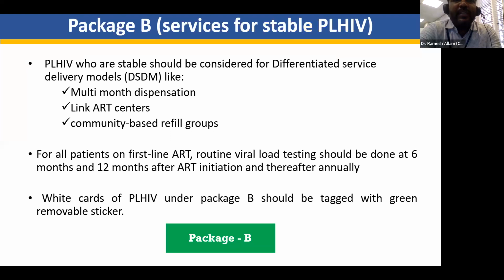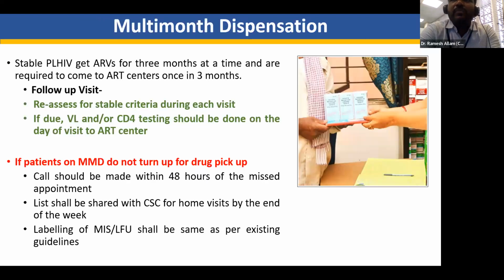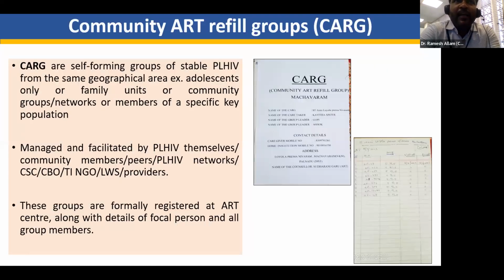So package B, give a green color to all the patients who are there. And what all do we give within the ART center? Multi-month dispensation. This we were giving. Currently, there's a transient stop in that, but one of the models we are giving within our ART centers is multi-month dispensation, wherein we are calling the patient within 48 hours. If there is a miss, we share the list with CSC and LFU tracking. And we also have something called community ART refill groups, or CARG.